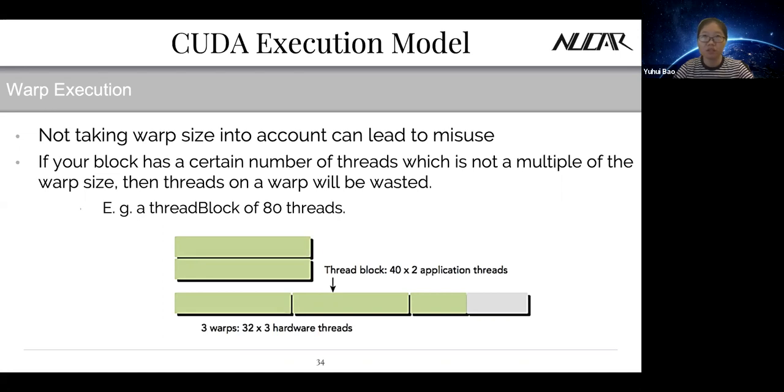The other 31 threads will be executing something, but in vain, because there's no data for them to run. This waste can be tolerated since I only have one block. But what if I have multiple blocks? That will increase the number of warps I waste.